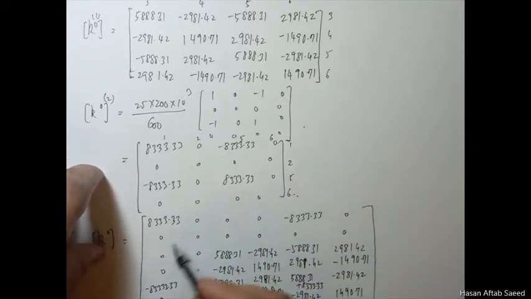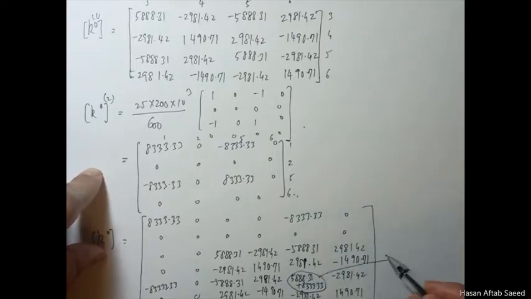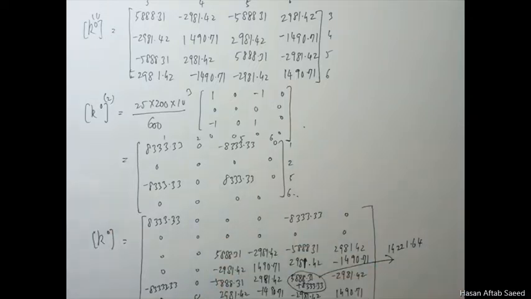Now all these values are in place except this one. When you add them together, this turns out to be 14221.64. So this is your global K matrix.